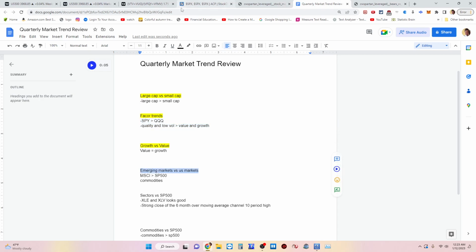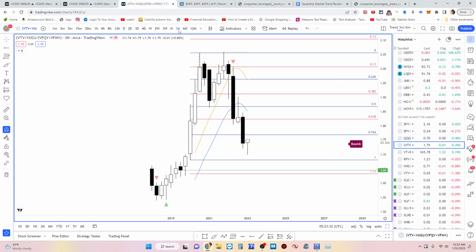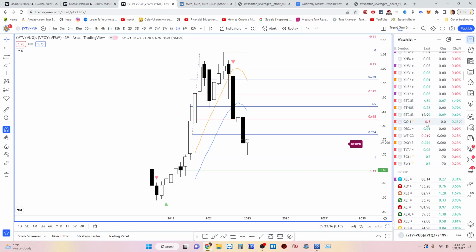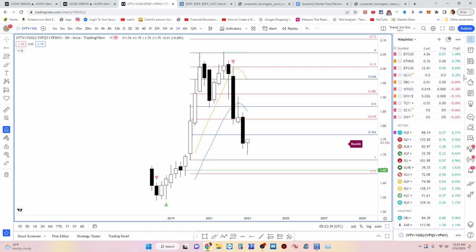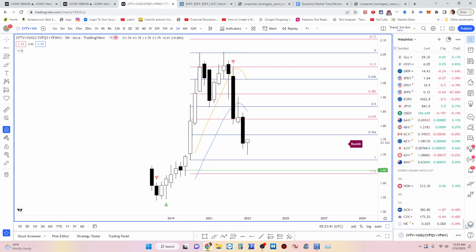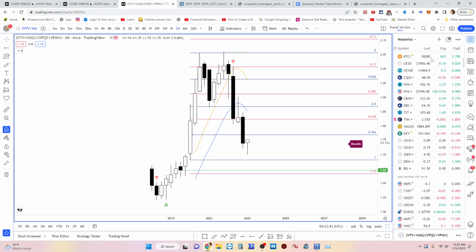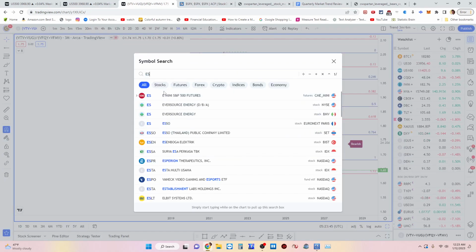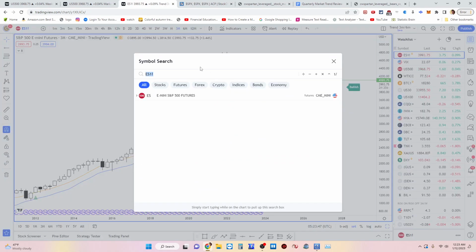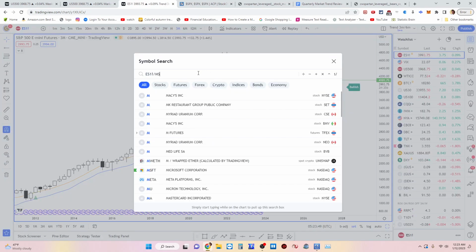Emerging markets versus U.S. markets. So that is determined. I don't think we have it up here yet. I need to put it in here. Go to the bottom. I think I put it in here. I did not. So the ES divided by MSCI.